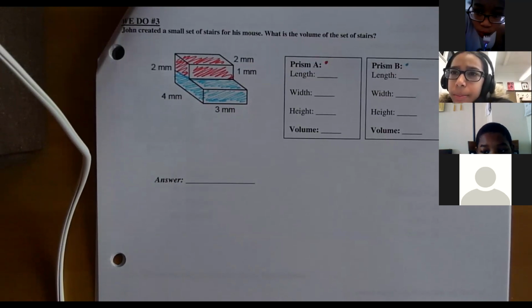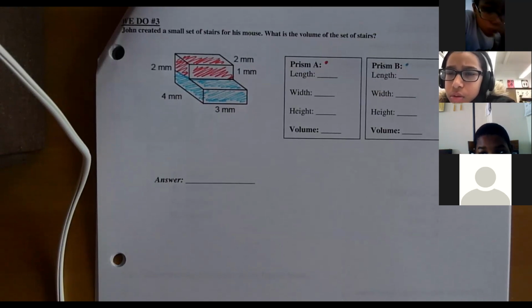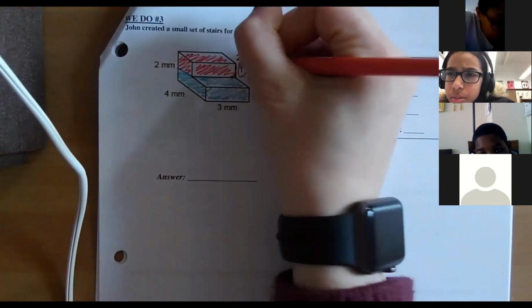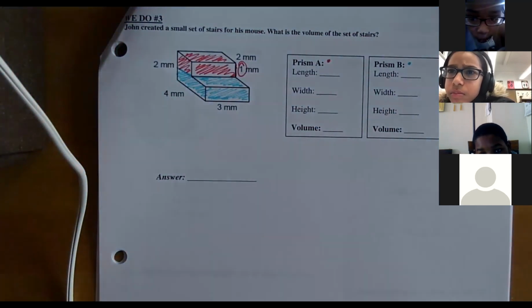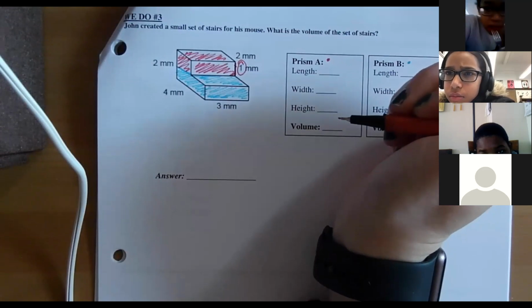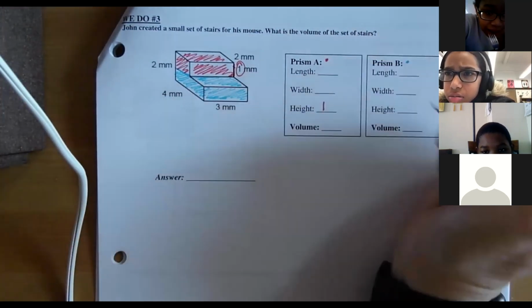What is one dimension we know, Haley? So right here, this is a 1. Okay, so that is a dimension we know. Is that length, width, or height? Height. Very good. So I'm going to put it right here.